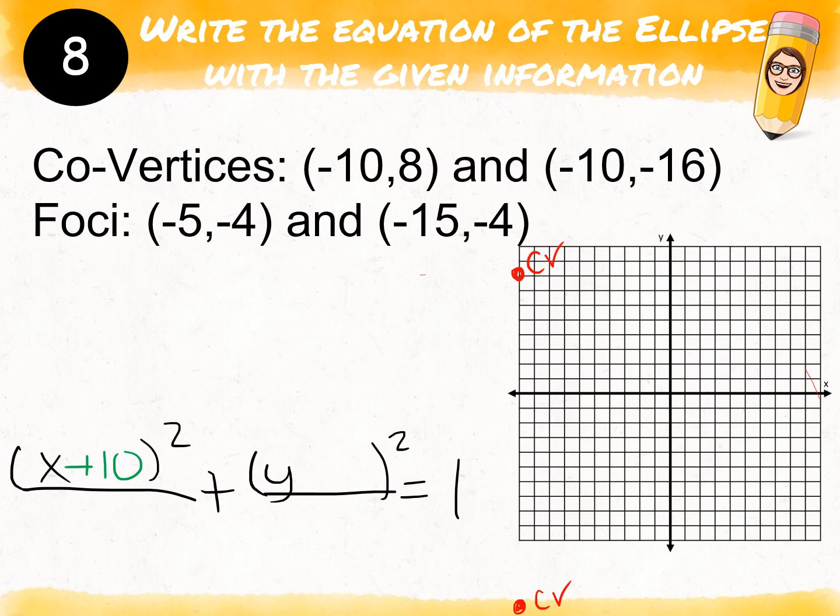And so half of that would be 12, right? So if I'm at 8 and I subtract 12, I'd be at negative 4. Or if I'm at negative 16 and I add 12, I'd be at negative 4. So my middle number is at negative 10, negative 4. So I'm going to write plus 4 for my center. See how that works?